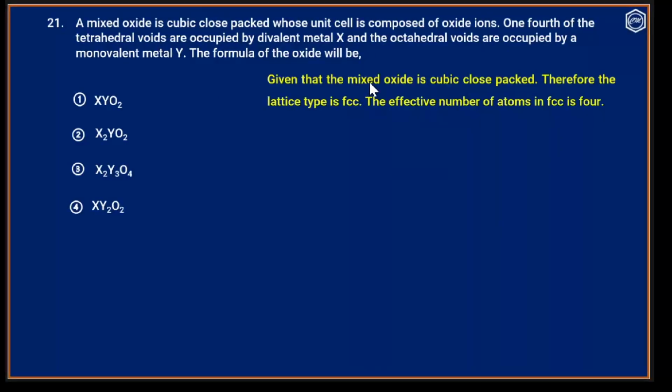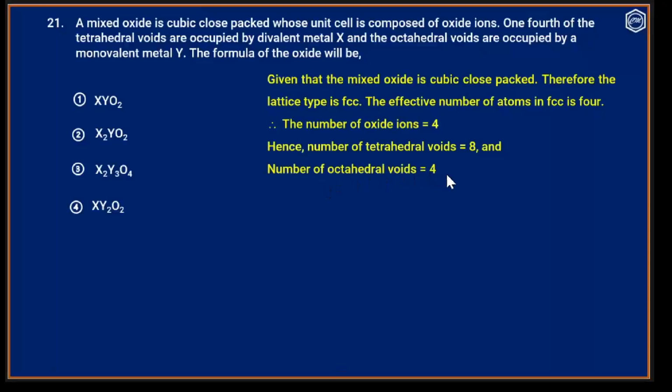Given that the mixed oxide is cubic close packed, therefore the lattice type is FCC. The effective number of atoms in FCC is 4. Therefore, the number of oxide ions will be 4. Hence, the number of tetrahedral voids is 8 and the number of octahedral voids is 4.